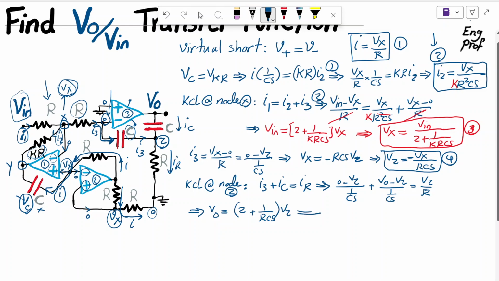Now, I'm going to use a combination of equations 4 and 3. So I'm going to substitute Vz from equation 4, and then I'm going to substitute Vx by equation 3.